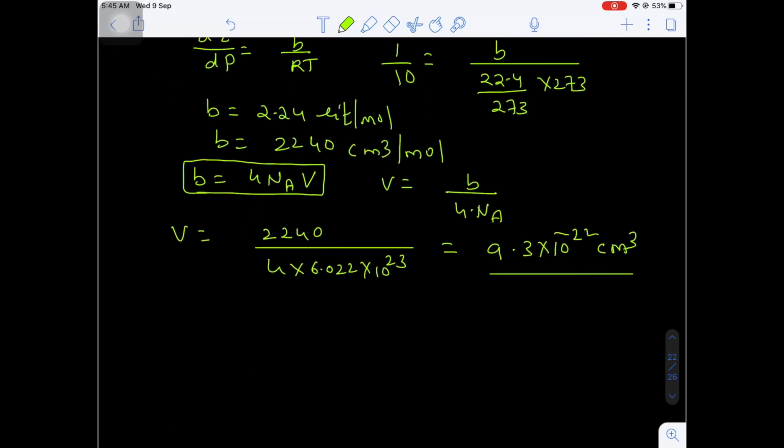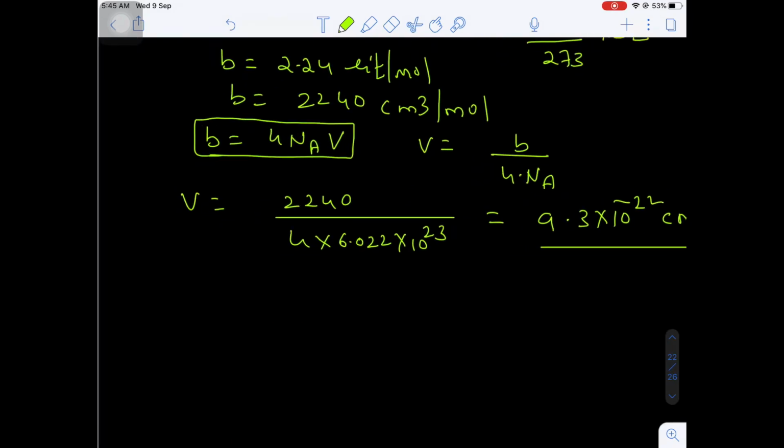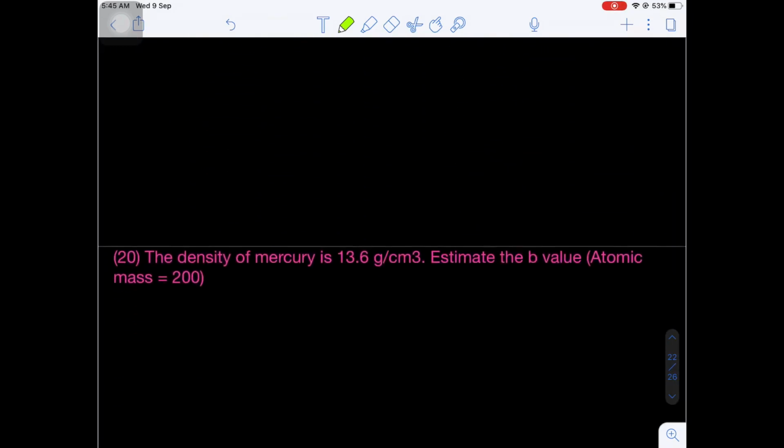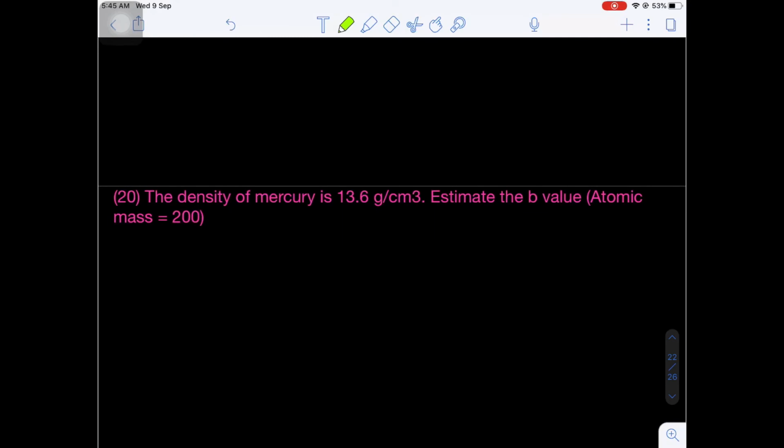Okay. Now the next question, question number 20. In this question, the density of mercury is given as 13.6 gram per centimeter cube. Estimate the value of B, the van der Waals constant. The atomic mass of mercury is 200.